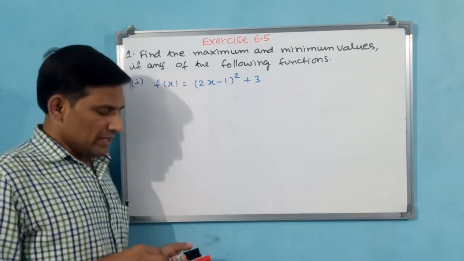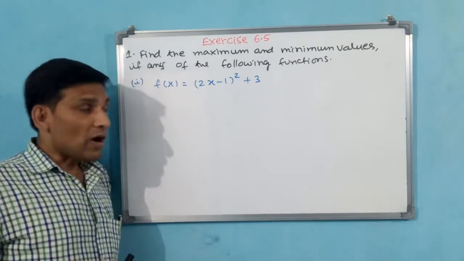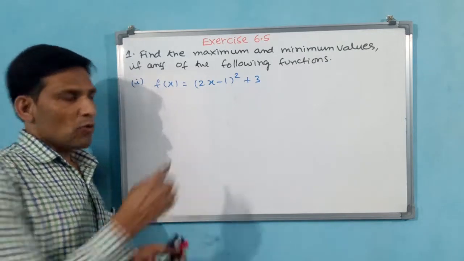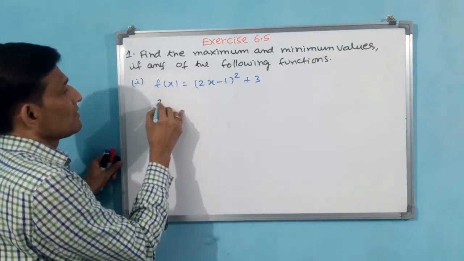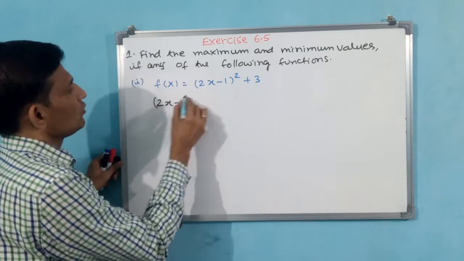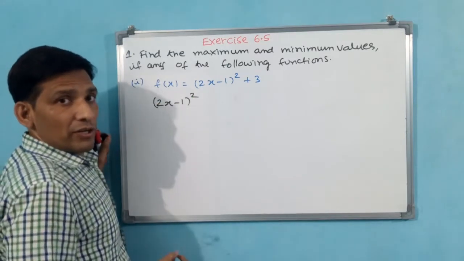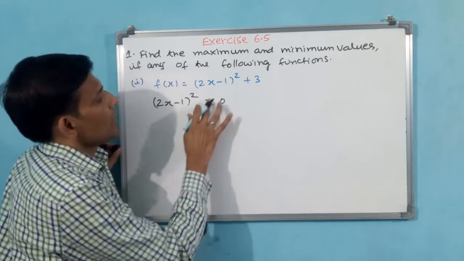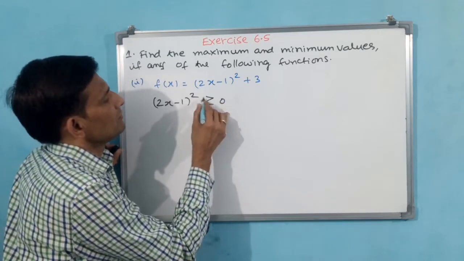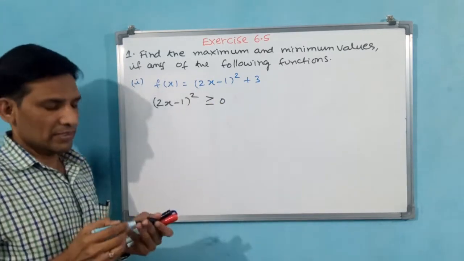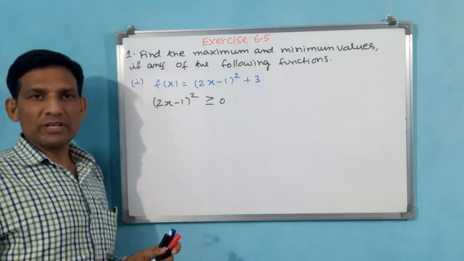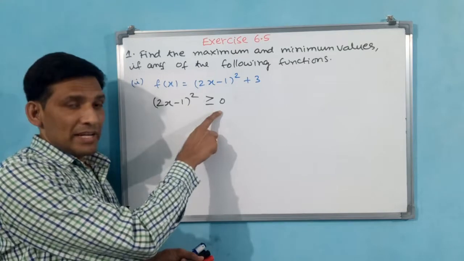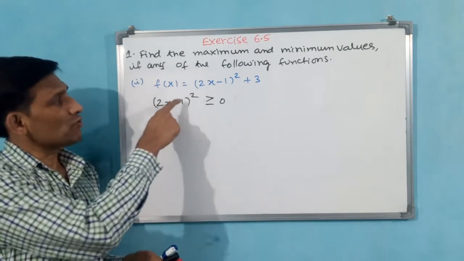Logically, if you observe here, see what I am writing: (2x minus 1) whole square is greater than or equal to 0. Is it okay? Definitely okay. Why? Because less than 0 will not come, because the square is there.